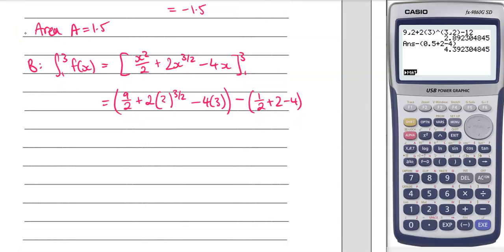That's not a 9 goes in there, it's a 3. Okay, so that altogether will come to 4.39. So then the total, when we add on the 1.5 from A, we've got the total area is equal to 5.892.